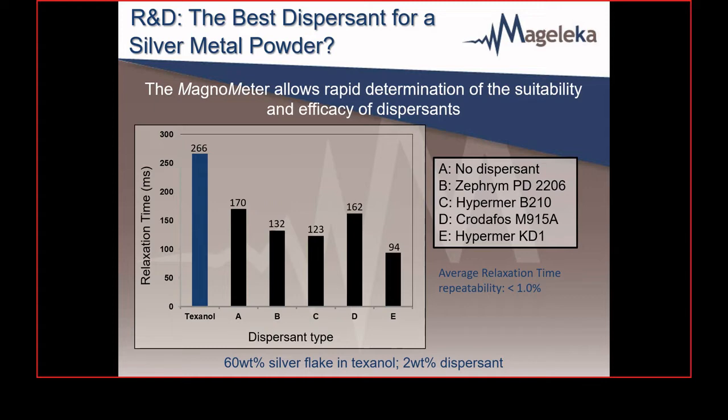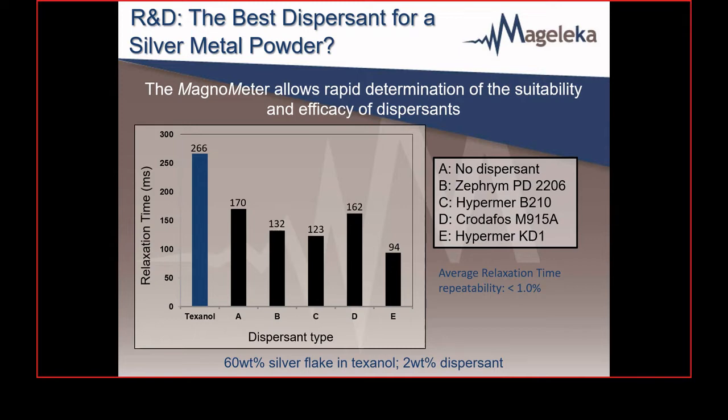Now, the example here shows NMR relaxation data from a series of suspensions, each created with a different dispersant. And what I did is I took a 60 weight% suspension of metallic silver flake in a fluid called Texanol. Texanol, by the way, is an alcoholic ester used in paints and inks, and the metallic silver plate is often used to impart decorative properties itself.